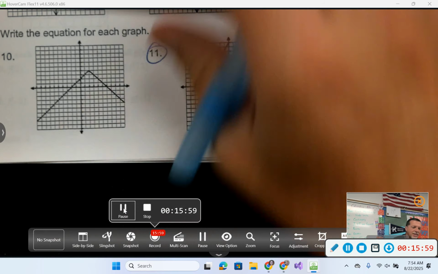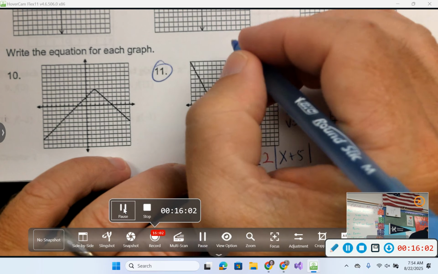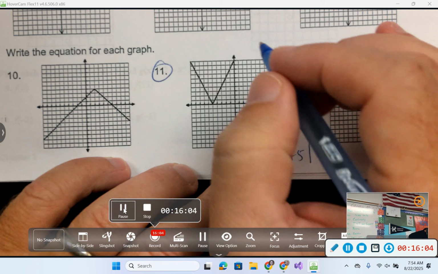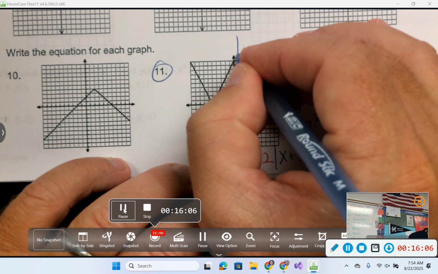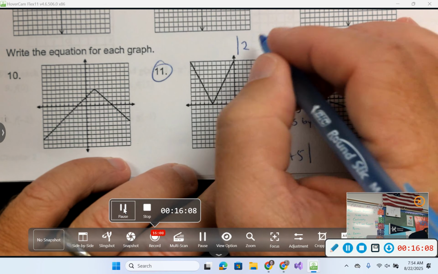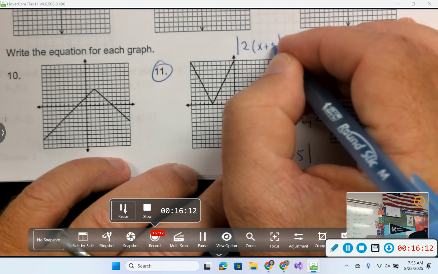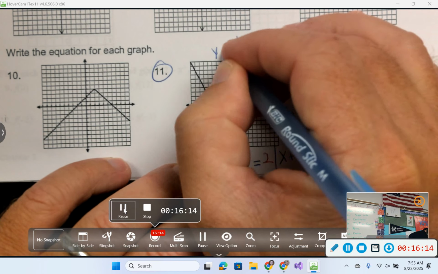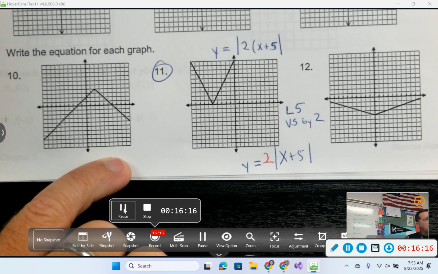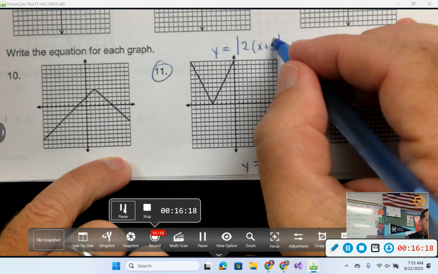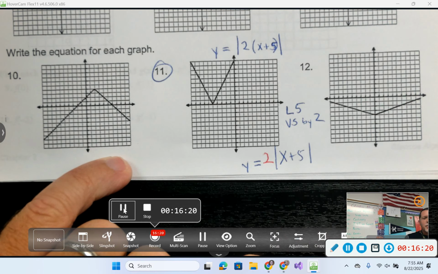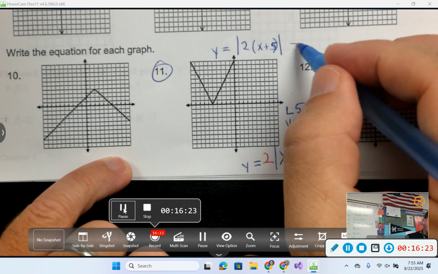But you're right, this could have been seen as a compression. So to compress horizontally, that means we need a 2 on the inside. Like that. But do you see that these are the same thing?